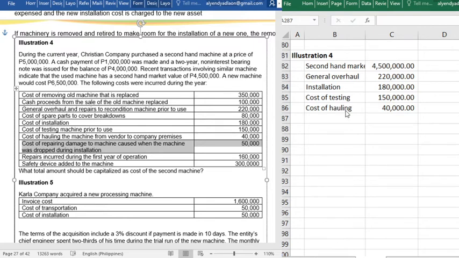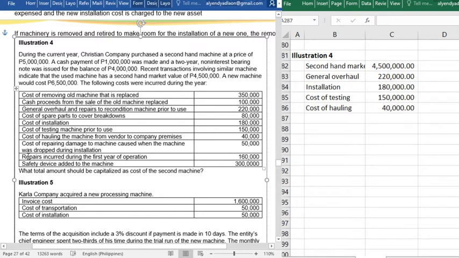Treating it as an addition to the machinery account will just bury the negligence of the worker. So, we must expense it immediately, so that it will also be specified that there is such a negligence that happened during the installation of the machine.